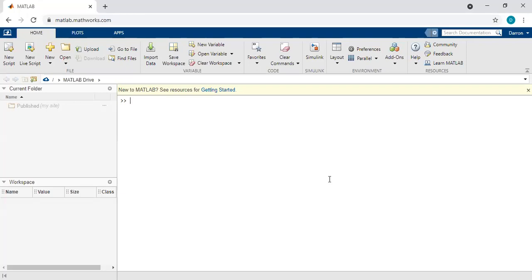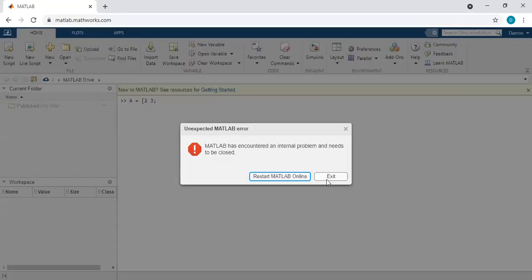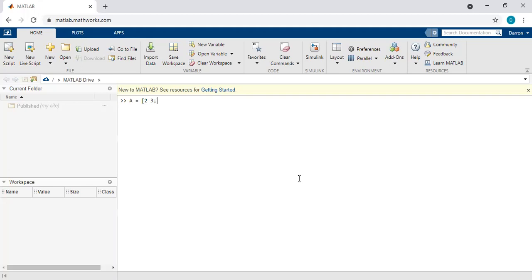All right. So the matrix A in MATLAB, here we have a MATLAB script.